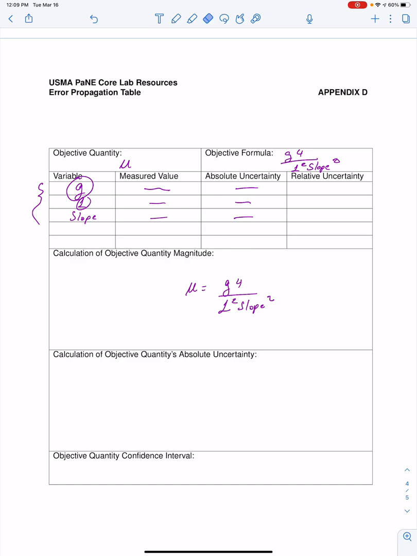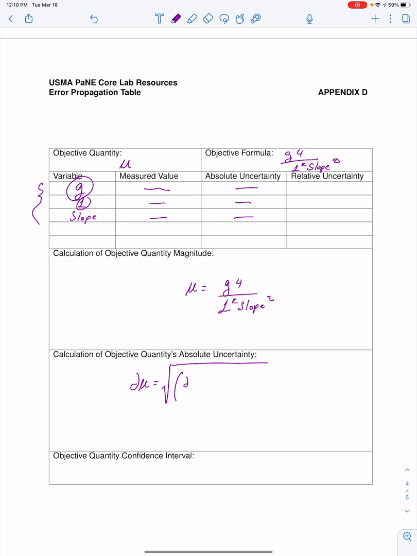Finally, for this one, it is your propagation of error. So I am not going to do this propagation of error. I want you to do it, but I just want to make sure that you understand all the things that you require. So you're trying to find the actual absolute uncertainty for the linear density.